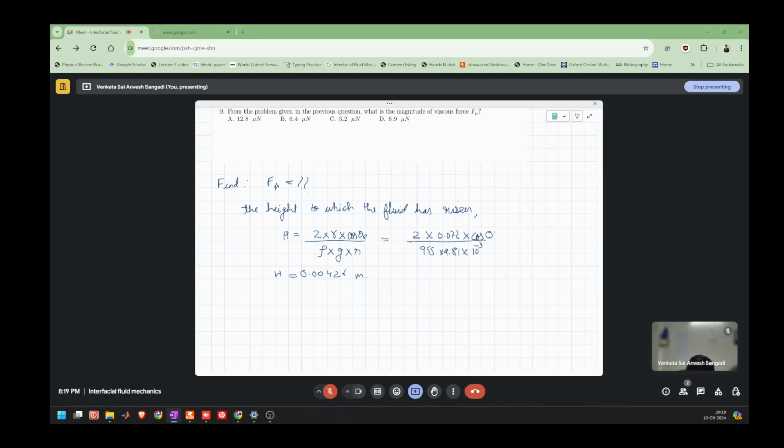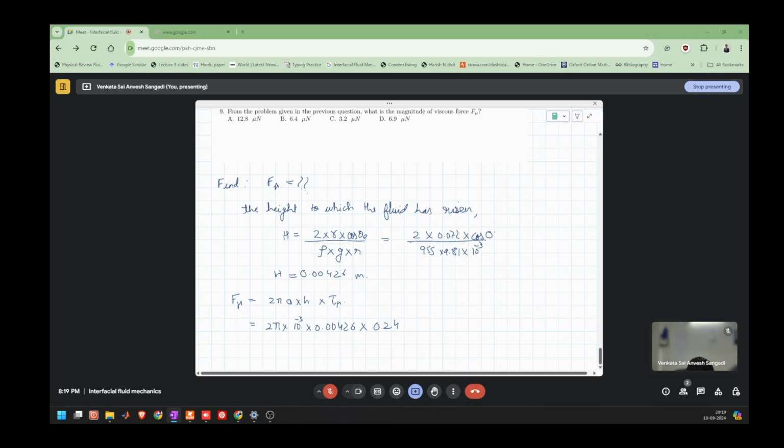Now we know the area at which the viscous forces have been acting. So F mu is equal to 2 pi r, which is the radius a, into h, which is a cylinder, into tau mu. We already know tau mu from the earlier expression. As we are asked to calculate only the magnitude, we don't include the sign. Then we have 2 into pi into 10 power minus 3 into 0.00426 into 0.24.